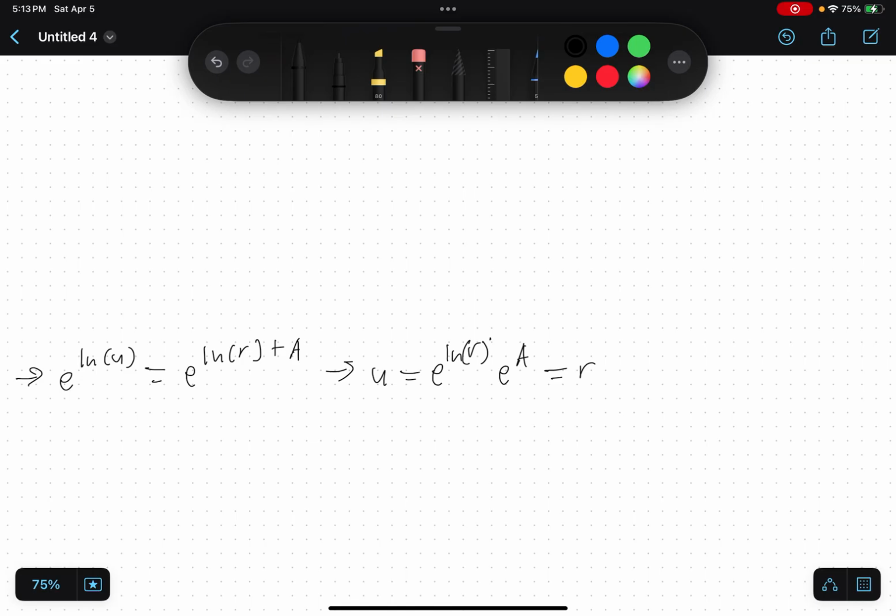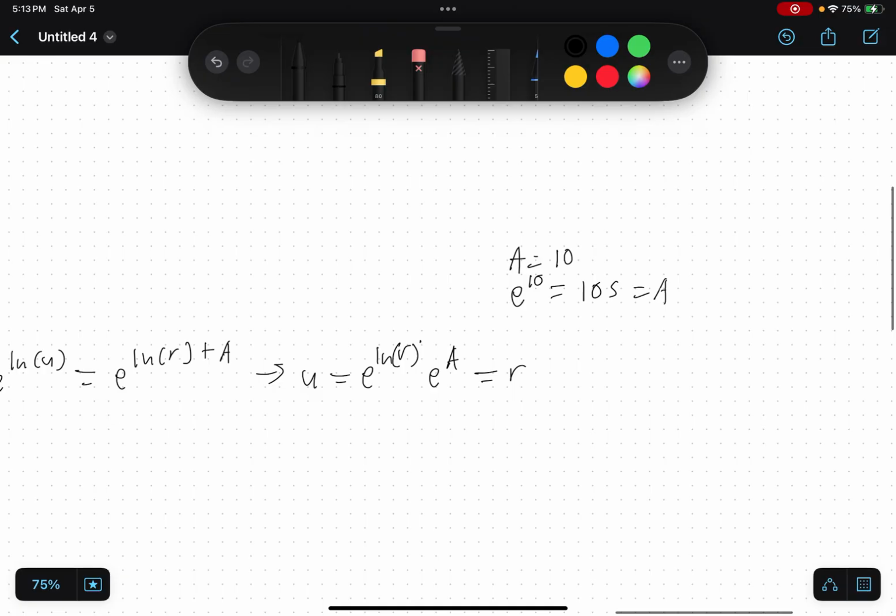e to the a, and let's assume a equals like 10. Then e to the 10 is another number. I don't know what it is, but it's a number, say 105. It's another constant, so we can also call it a, because we don't even know what a is.